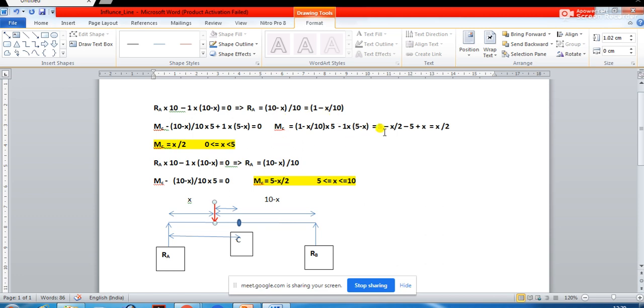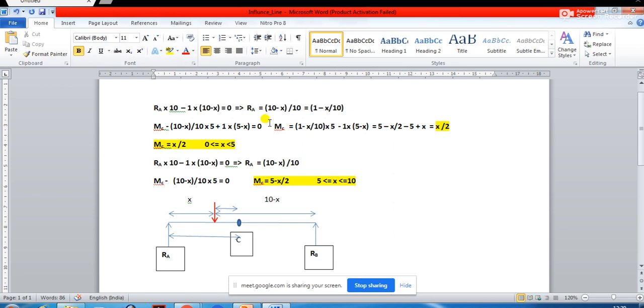Just simplify it, and you get 5 minus x by 2 minus 5 plus x. So 5 cancels out, minus x by 2 plus x is going to be x by 2. Is it clear? So what we are getting now is the moment equation for C for a distance from here to here.